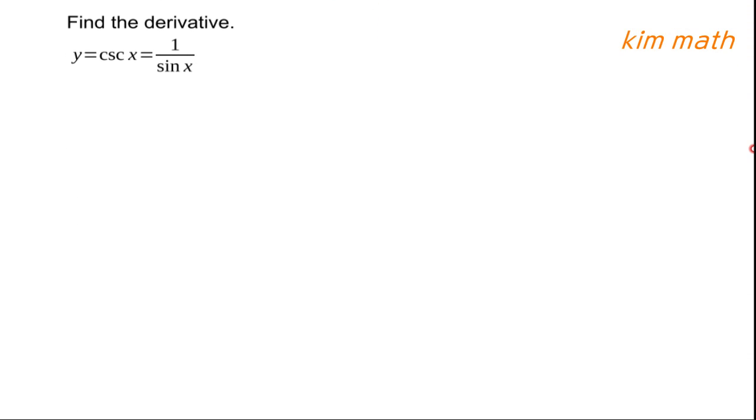Okay, one more example. Find the derivative of y equals cosecant x, and we know that cosecant is the reciprocal of sine. So instead of cosecant, we can write 1 over sine of x, and again, to find the derivative, you can use the quotient rule, because this is a fraction.